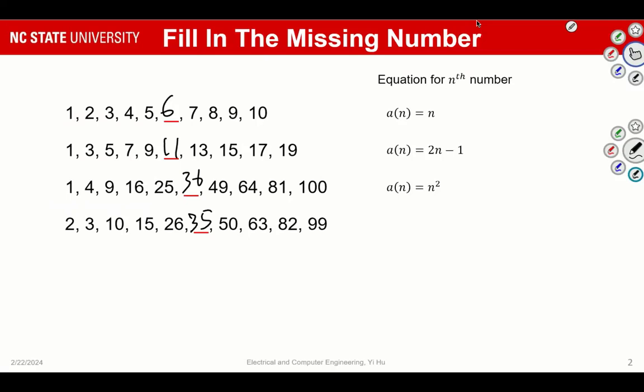Square plus minus 1 square over minus 1 square. It should be a function of n, right? It should be a function of n equals to, we can do this way.